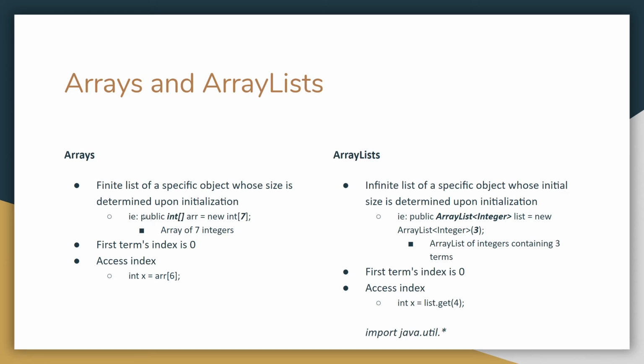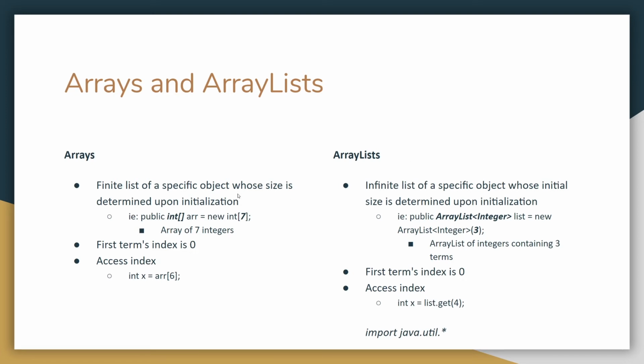So we can do this by saying public int, then the square brackets, arr, that's the name of the array, is equal to new int, square brackets again, and then the size of the array goes here. So from this, we can tell that's an array of 7 integers, all of which are set to a default value.